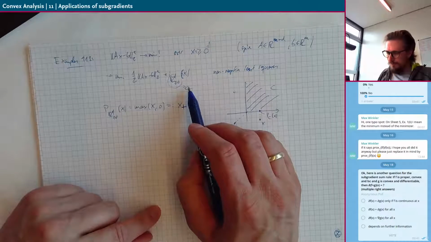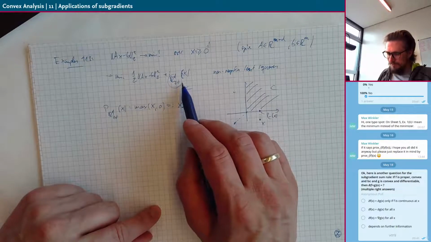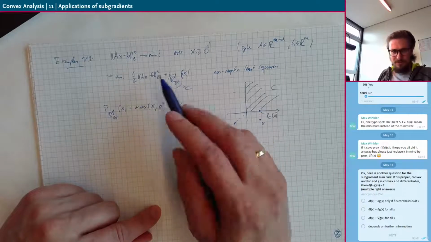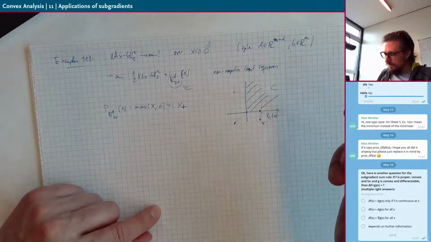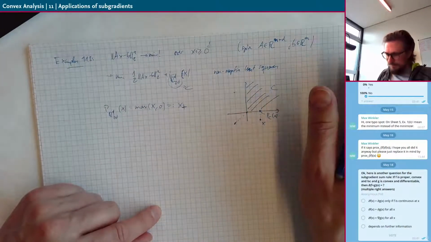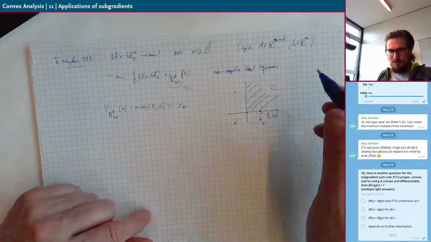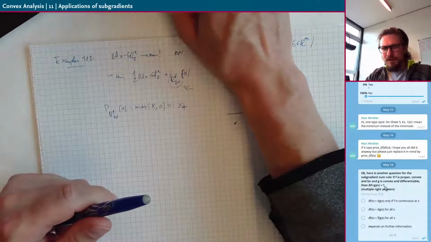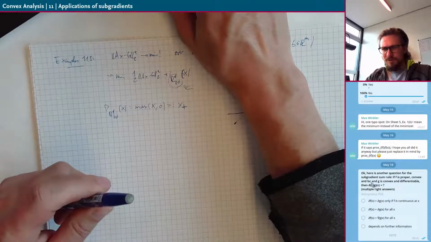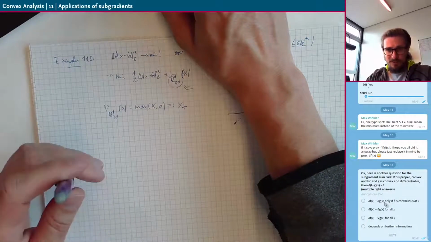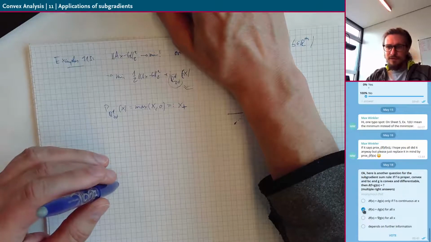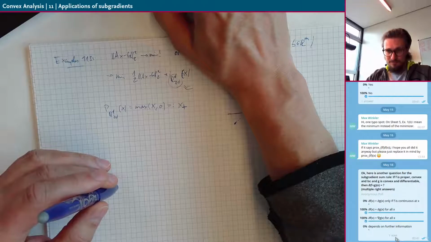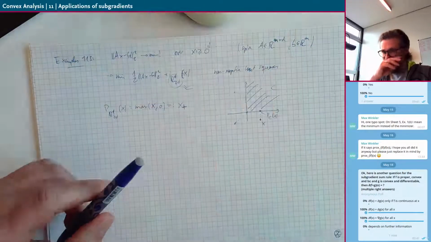We would need an interior point where this function is finite and continuous there. So any point here works. That's nice. So the subgradient sum rule applies, and actually this answers the question here. If we have proper convex and lower semi-continuous plus convex and differentiable, the subgradient sum rule is always fulfilled, and because g is differentiable, it is also fulfilled.